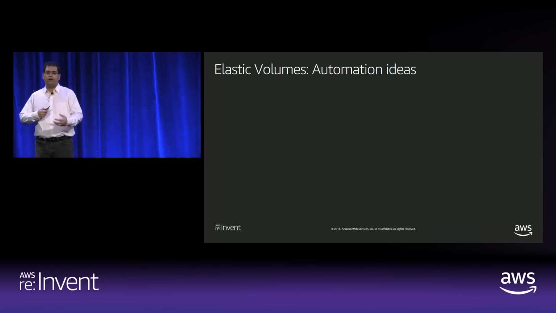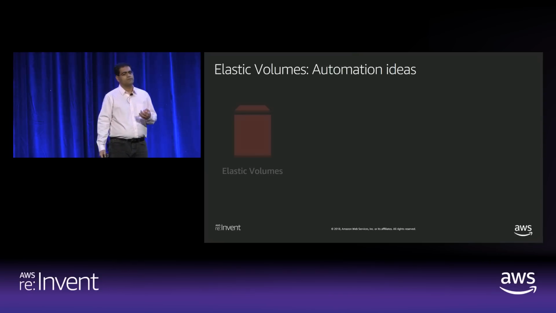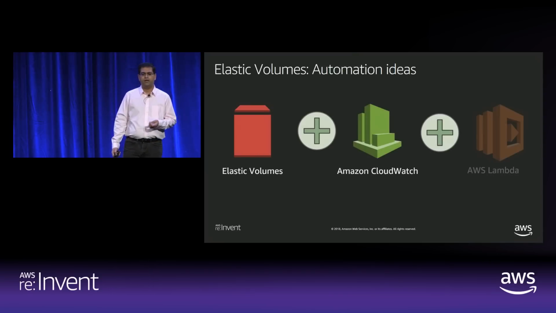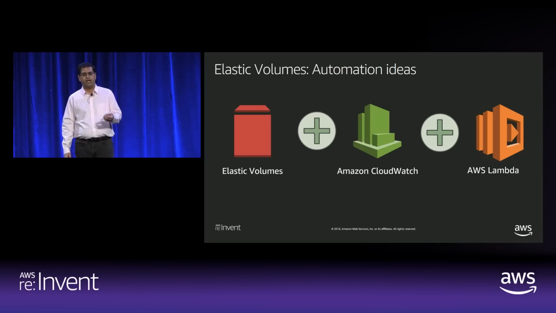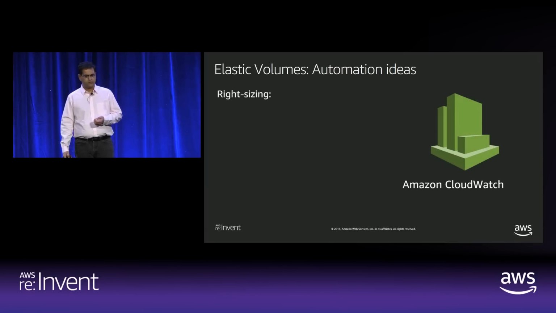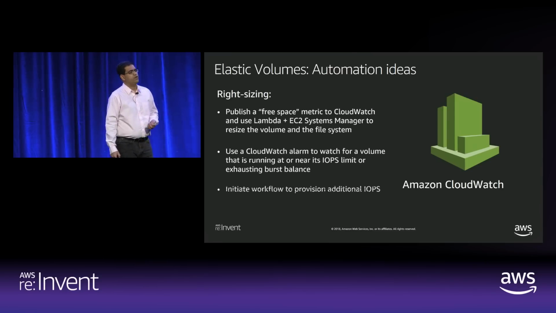Doesn't stop there. We've seen customers who've looked at it and said, I can now start to automate with elastic volumes. Right? Combine that with CloudWatch alarms, events, and Lambda to start doing things in a more automated fashion. So what are examples of this? Well, you can right size in an automated way.